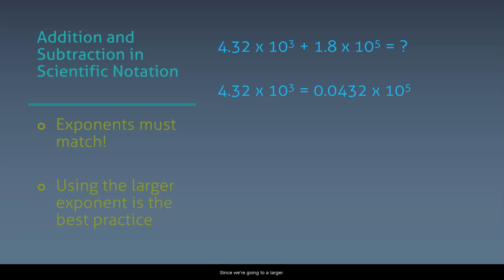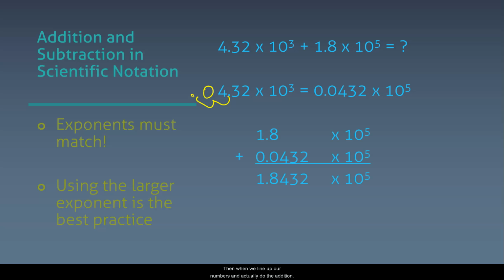Since we're going to a larger exponent, we're going to move that decimal 2 places to the left. Then when we line up our numbers and actually do the addition, our answer is going to come out in proper scientific notation automatically. We're not going to have to convert that number to anything else.